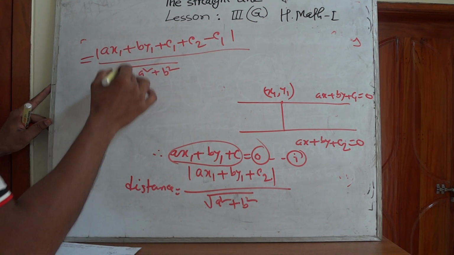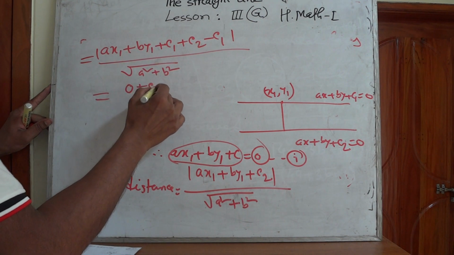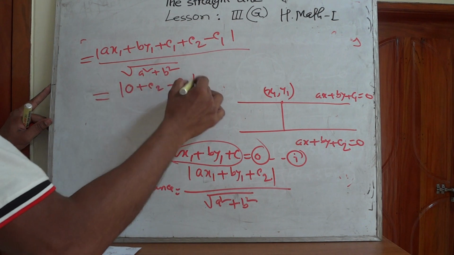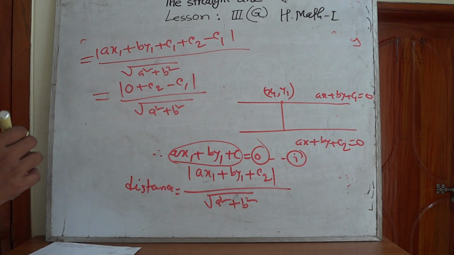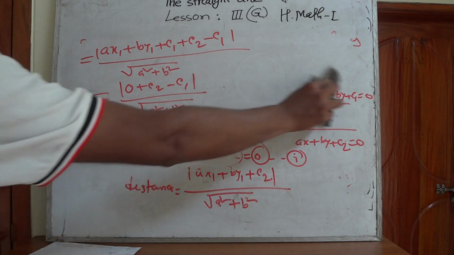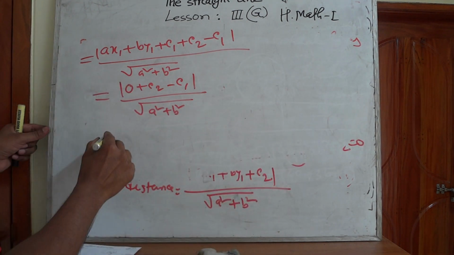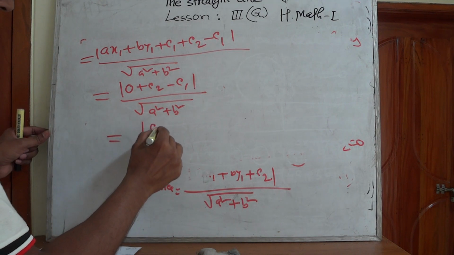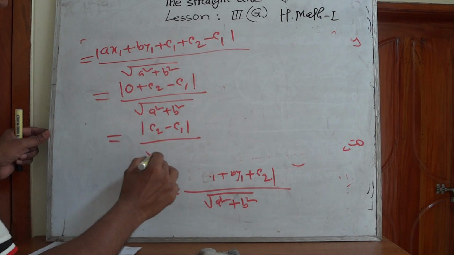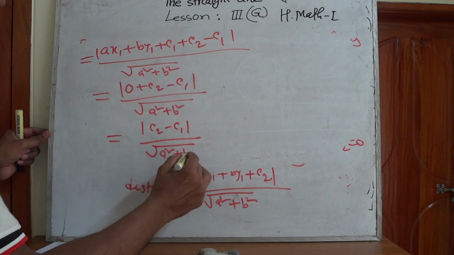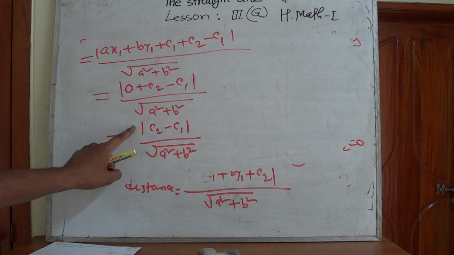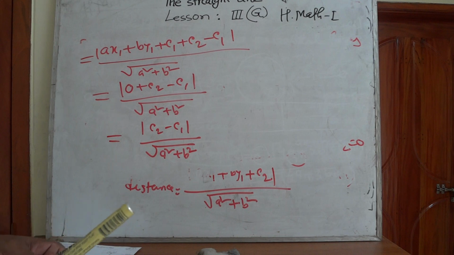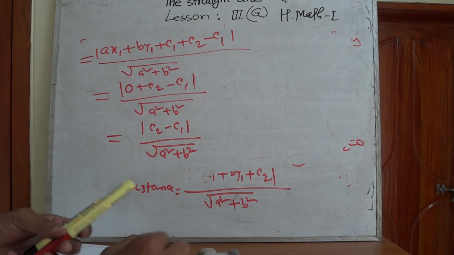So we can put here 0 plus c2 minus c1, that value divided by the square root of a square plus b square. And this equals the absolute value of c2 minus c1 by the square root of this. As distance is always positive, we have used the absolute value here. This is the distance formula between two parallel lines.